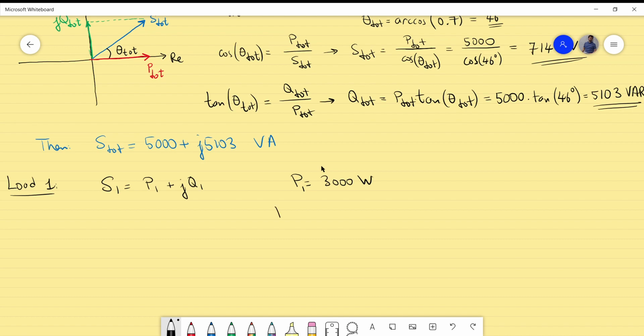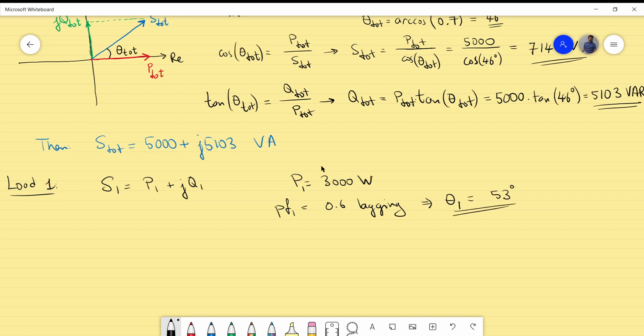We know the power factor of the first load is 0.6 lagging, and this will result in theta 1, using the same formula, arc cosine of the power factor, which will give us approximately 53 degrees.